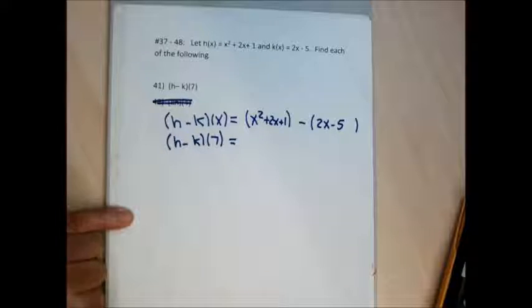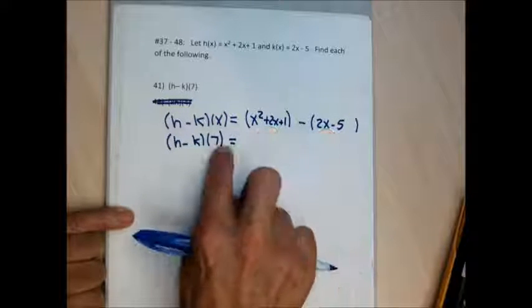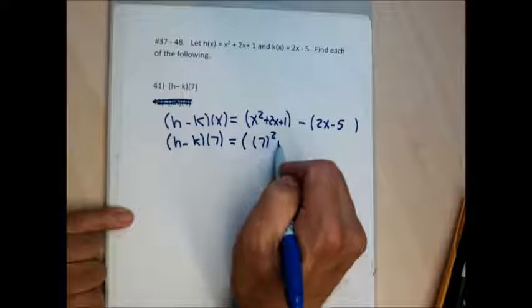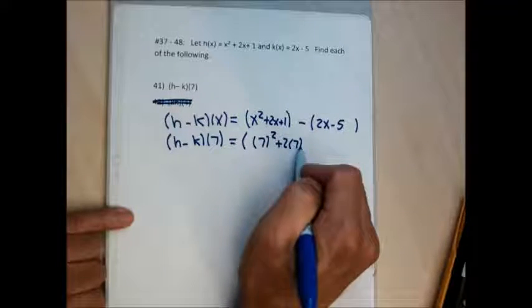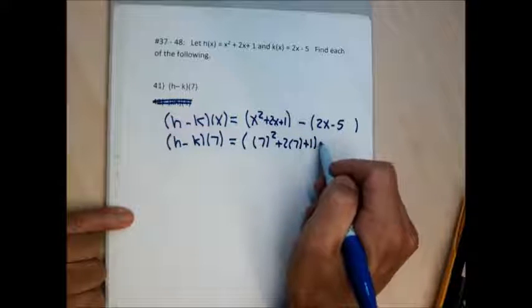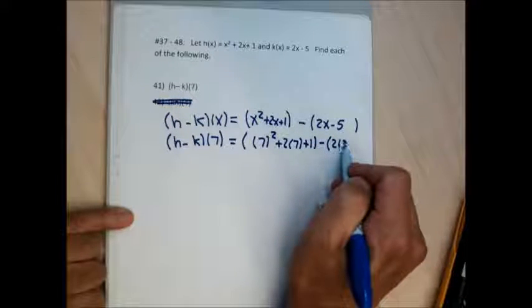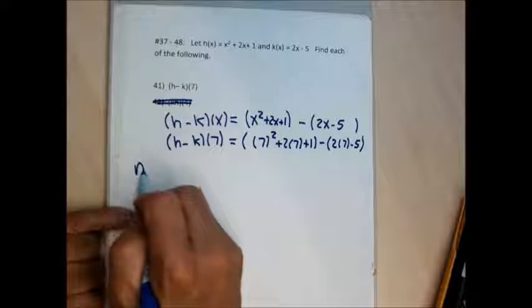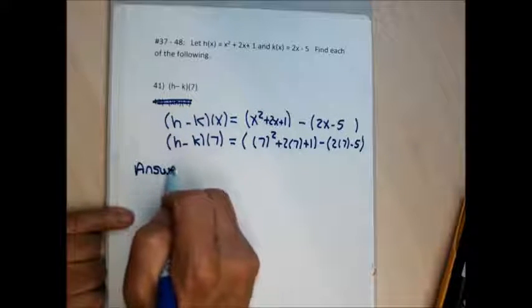Once I get an unsimplified version with the x, I can change the x back to a number and plug that number in for x and simplify. So now I'm changing each of the x's to 7s.